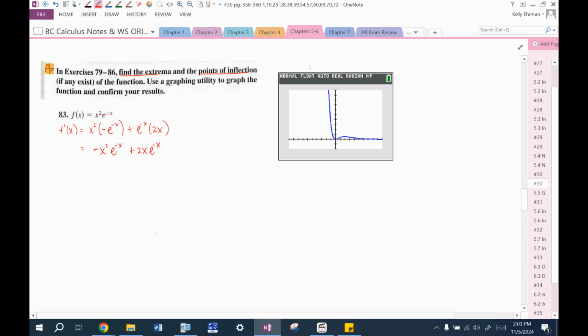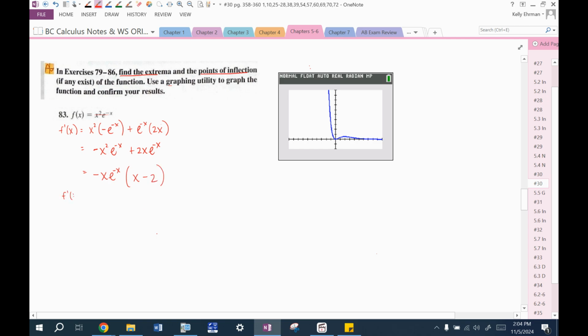All right, what can I factor out of this? Because remember, for critical numbers, relative extrema, we're looking for where f prime is 0 or undefined. So let's factor out a negative x e to the negative x. They both have that. Makes this positive x. Makes this minus 2.